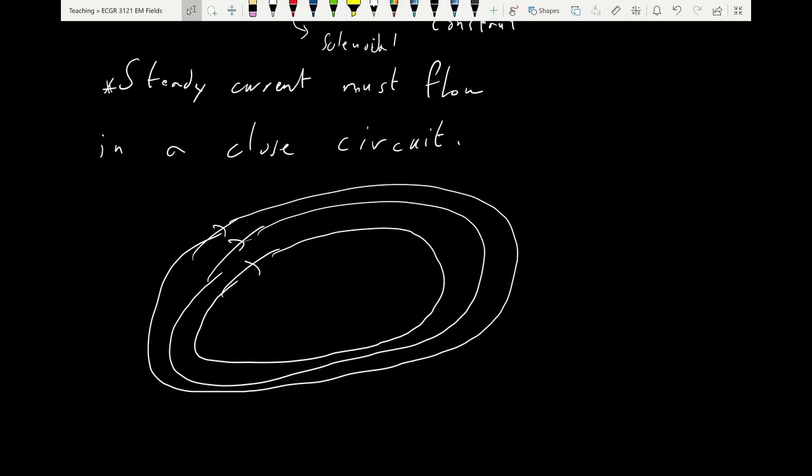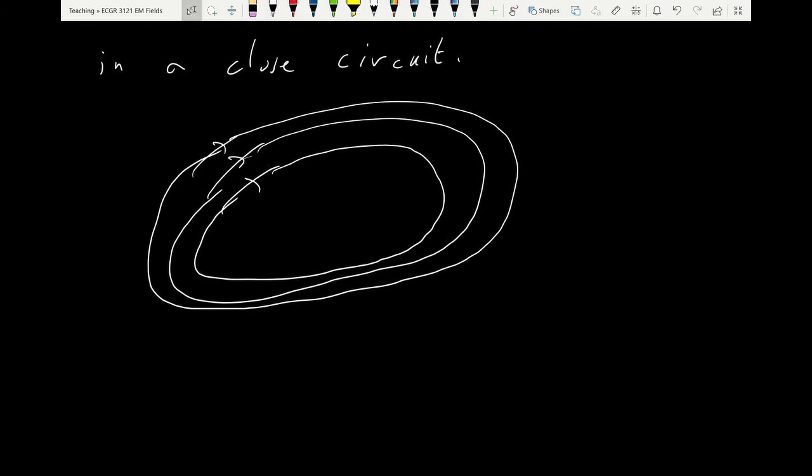So this circular motion of charge, the statement that we made that J is solenoidal as a field, leads to the fact that current flows in a closed circuit. This leads us to Kirchhoff's current law.